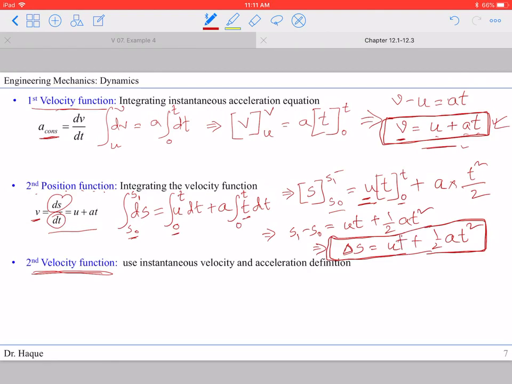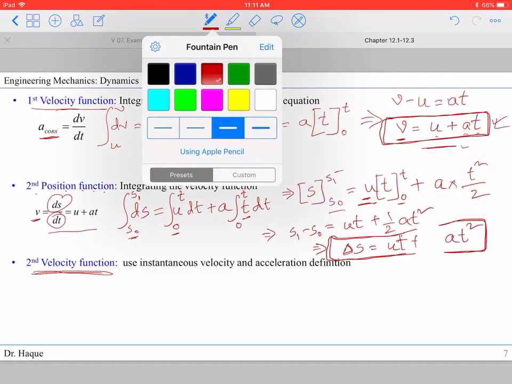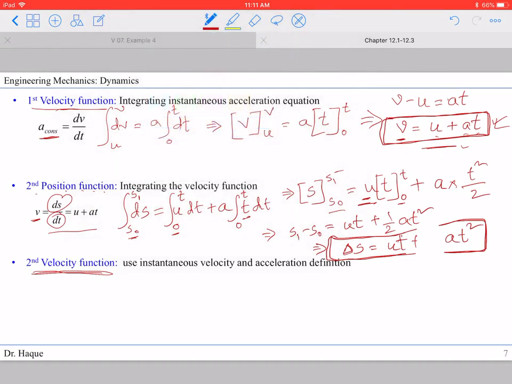ut is time plus half at squared. Okay, so to derive the final formula out of the four, we have to use the definition of velocity and acceleration.